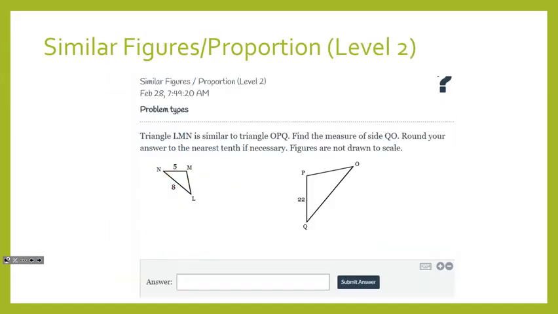This one says triangle LMN is similar to triangle OPQ, which means they have the same angle measurements, not necessarily the same size on the sides. It says find the measure of QO. So for QO, we need this one right here.